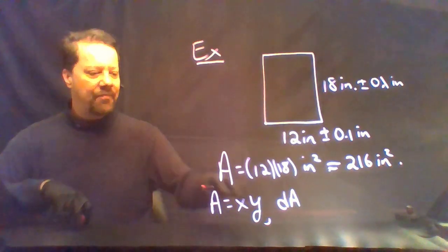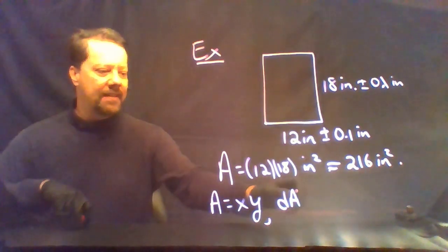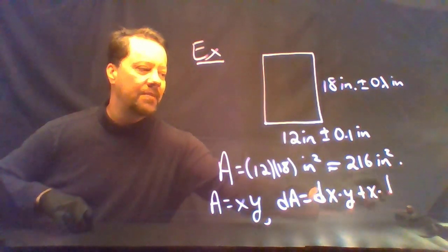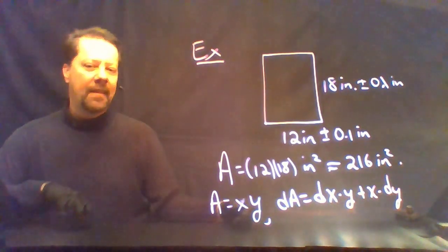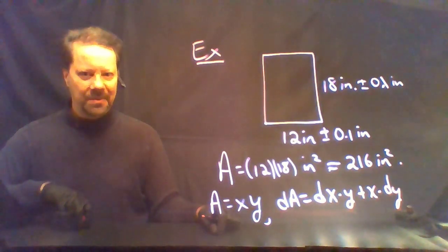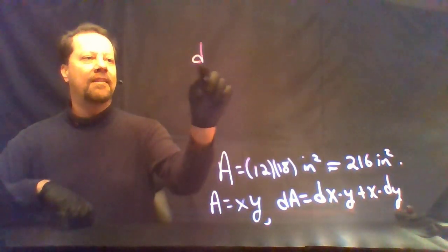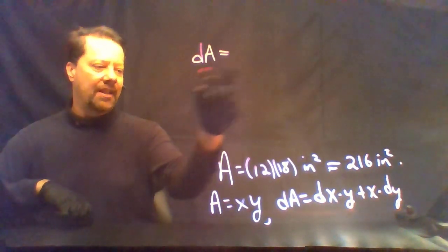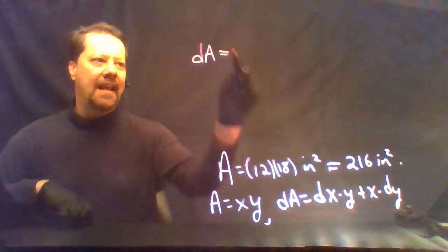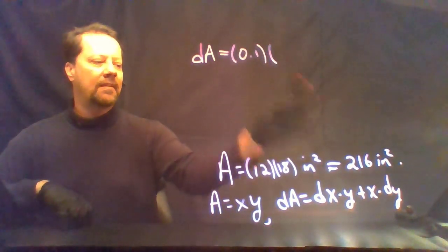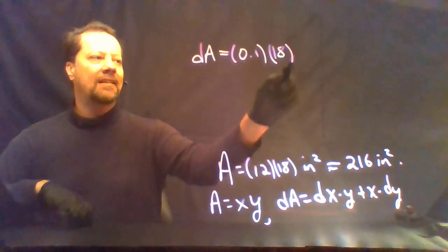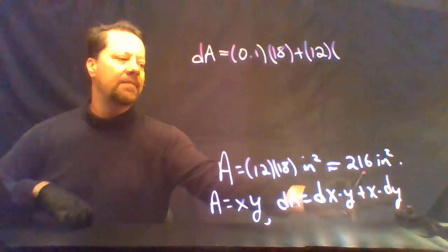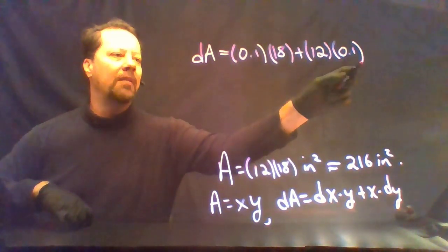The way to calculate the differential in this case is dx times y plus x times dy, i.e. use the product rule. It follows then that an estimate for the error in the area calculation is equal to the error in the x, which was 0.1, times y, which is 18, plus x, which was 12, times the error in y, which was 0.1.